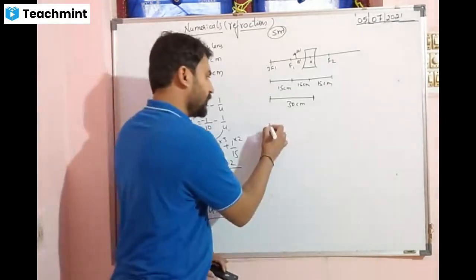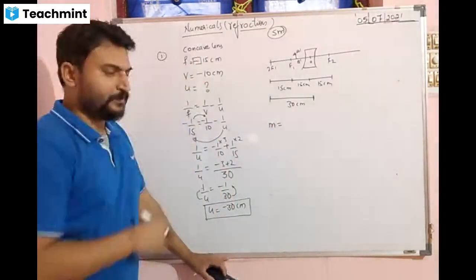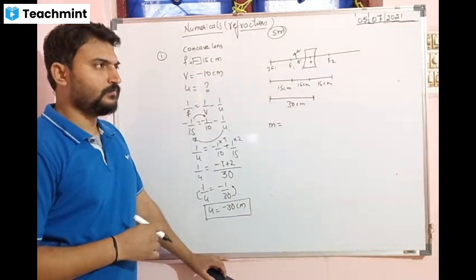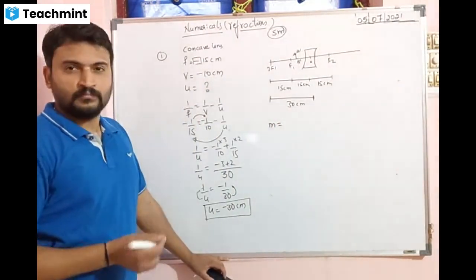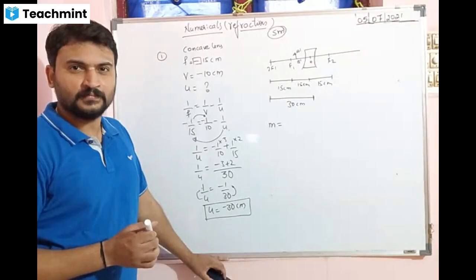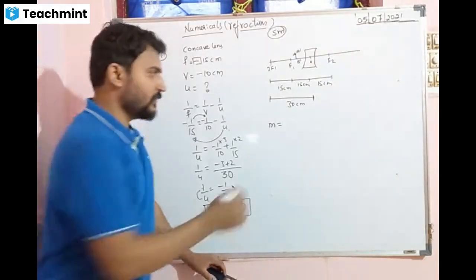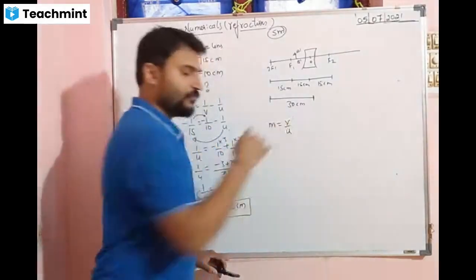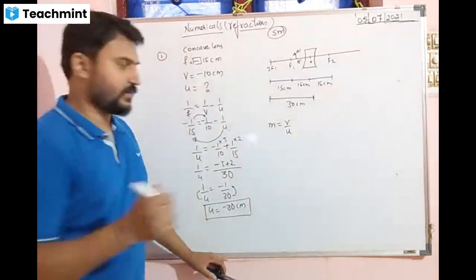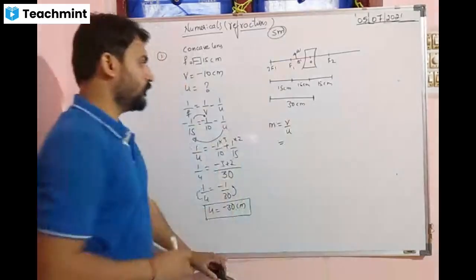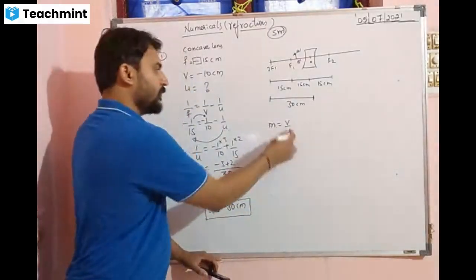M is equal to V by U, only V by U. Minus V by U is for mirror. So M is equal to what?